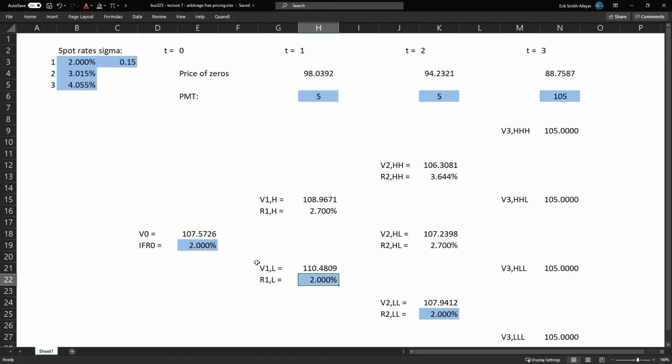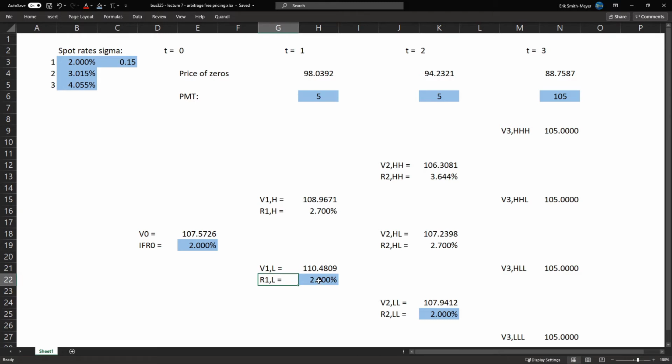So it goes down by 1 standard deviation, or it goes up by 1 standard deviation. But it shifts because the implied future rate in year 1 could be higher.